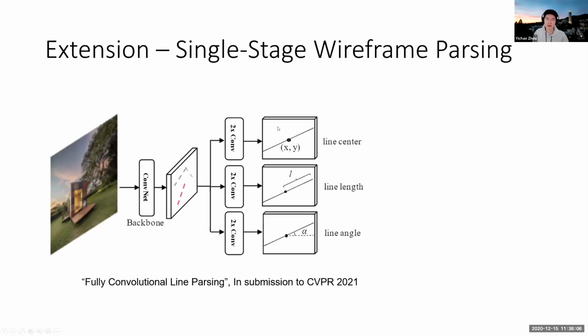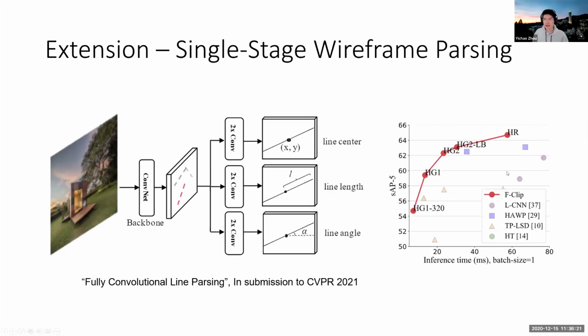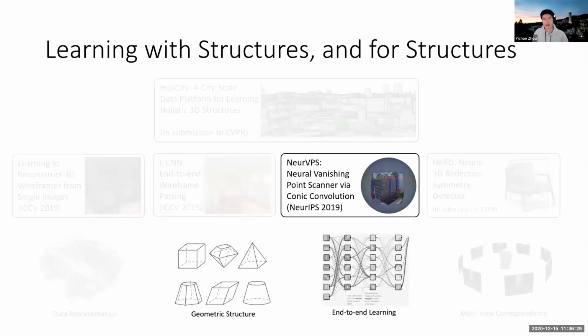Here, we do single-stage wireframe parsing, using things very similar to SSD and YOLO. We just predict several heat maps and try to assemble them into a wireframe. We get similar performance, but the inference time is much quicker. That concludes the line work.